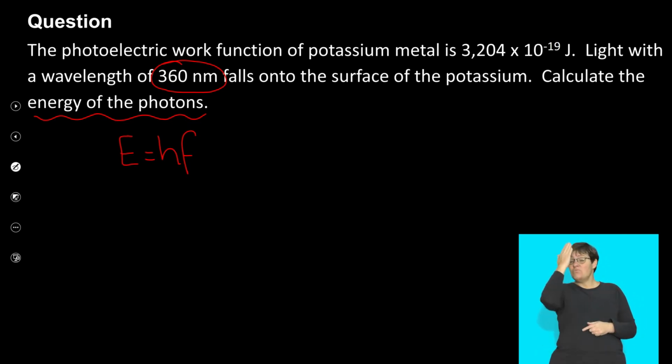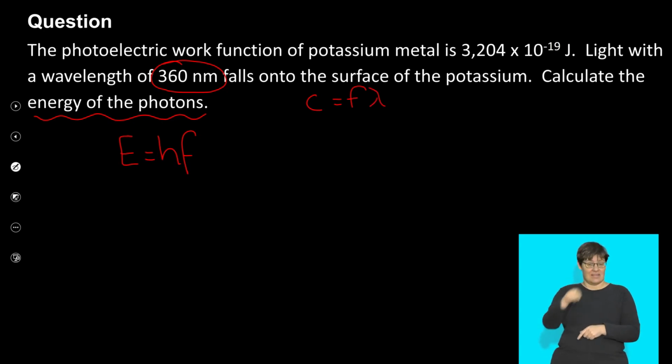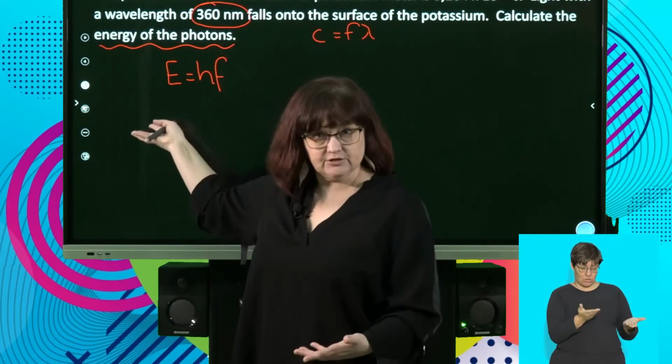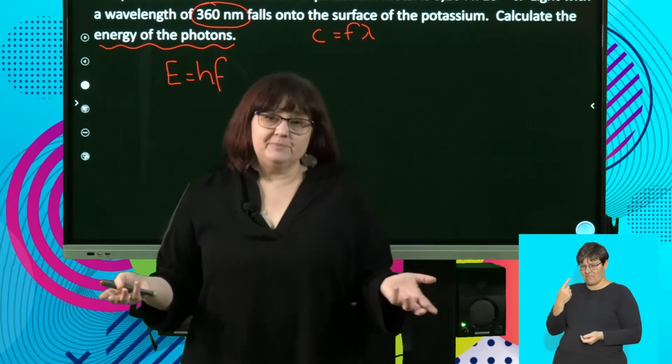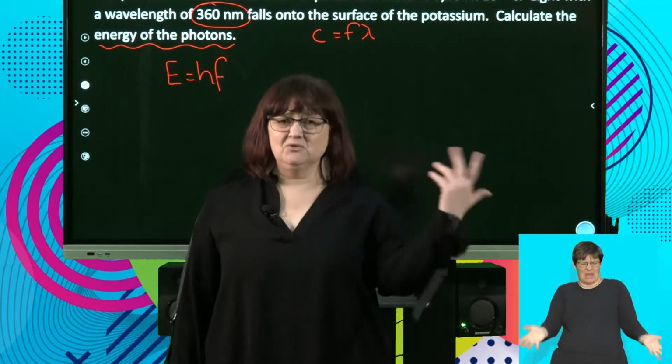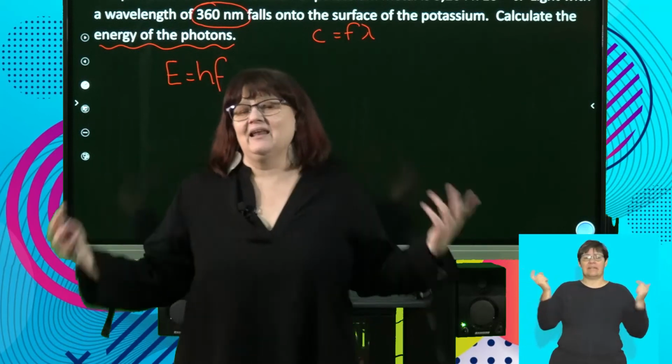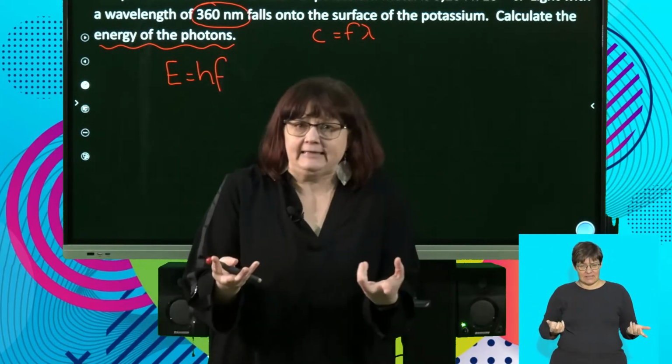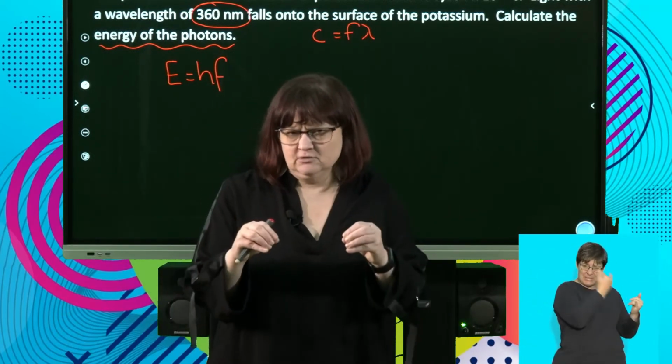What I do know is that c equals f lambda. There's two ways you could do this. You can work out the frequency of the light separately and then put it into the equation. But I'm of the opinion, if you can only do one equation, do one equation. Let's make our life easier, less likely to make a calculation mistake.